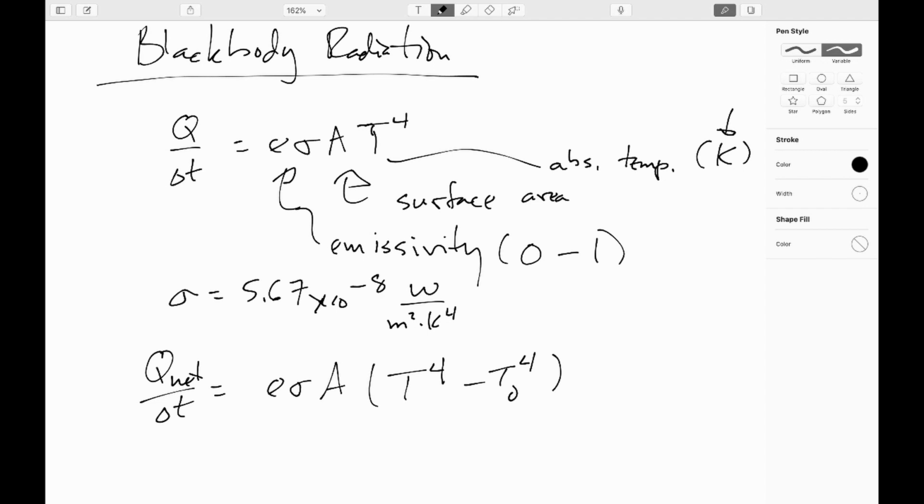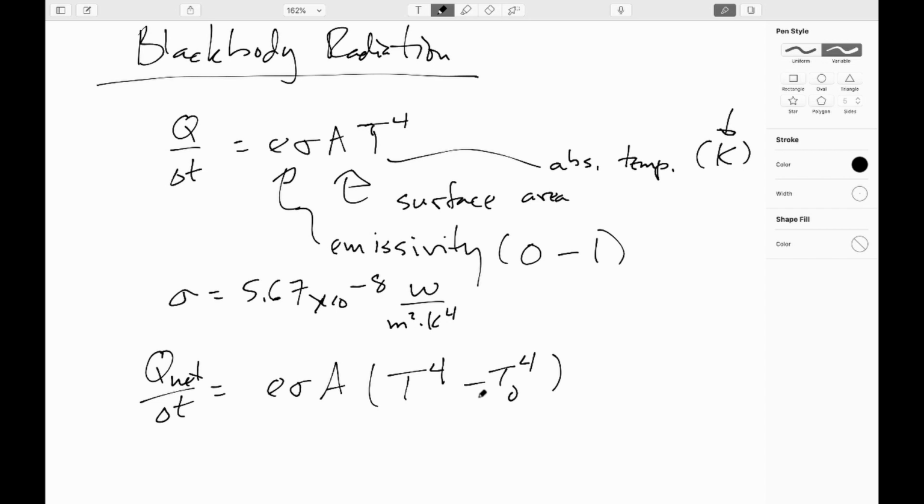So they actually wind up being pretty good radiators of heat as a result. They have a fairly high emissivity. And so the issue becomes the difference in the fourth powers of the absolute temperatures of the inside of the house and the outside of the house.